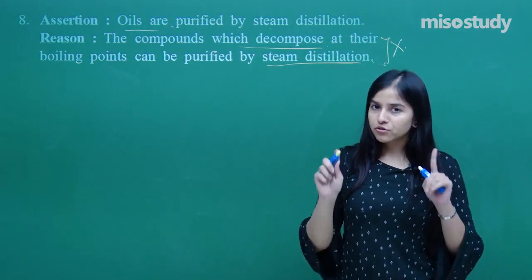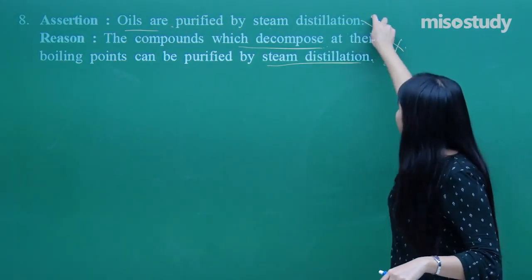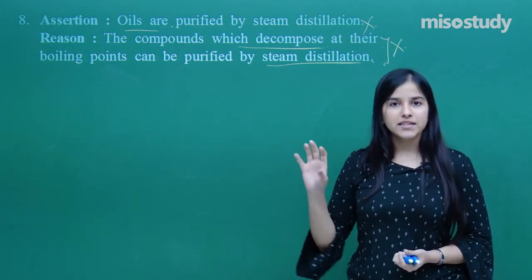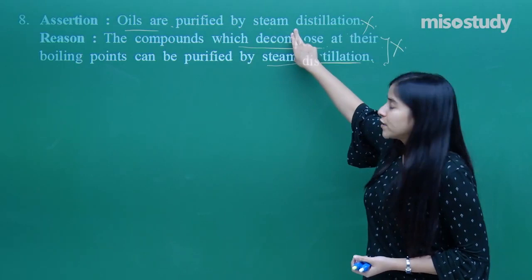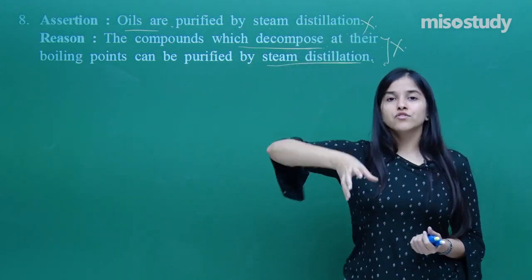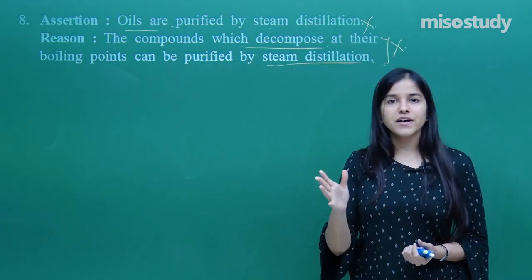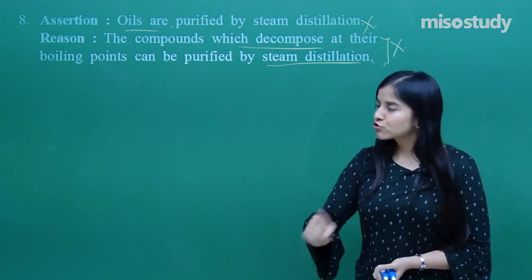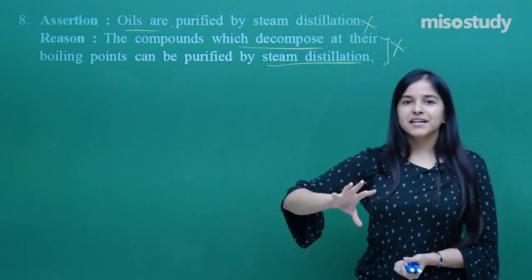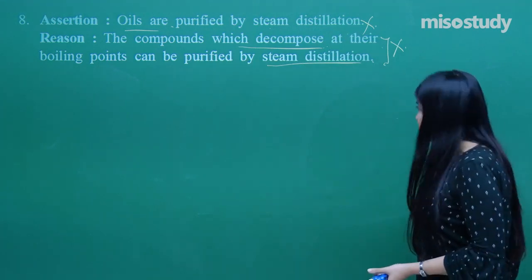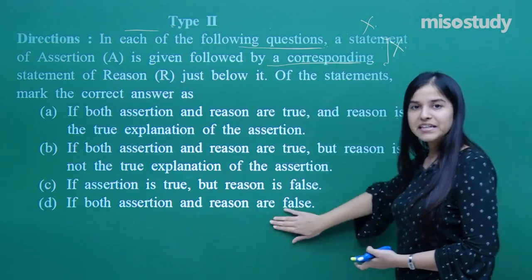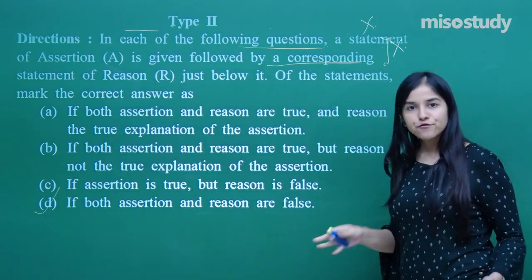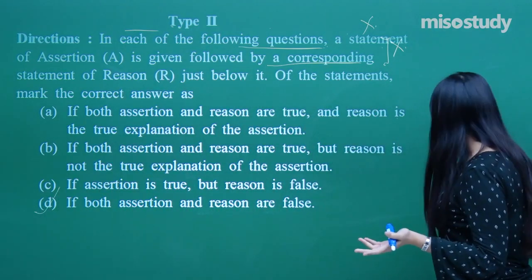This makes this statement also incorrect, because many of the oils can be purified via fractional distillation. We have already studied that. So both these statements are incorrect and I have got my option D. Clear? If both assertion and reason are false, the answer will be D.